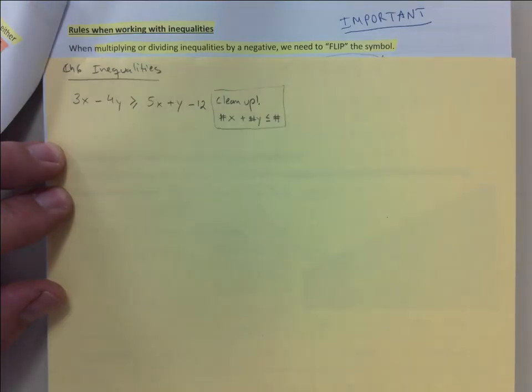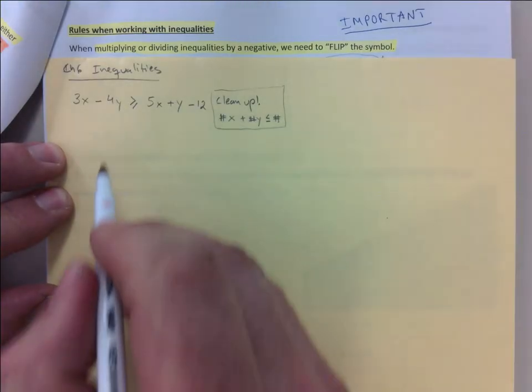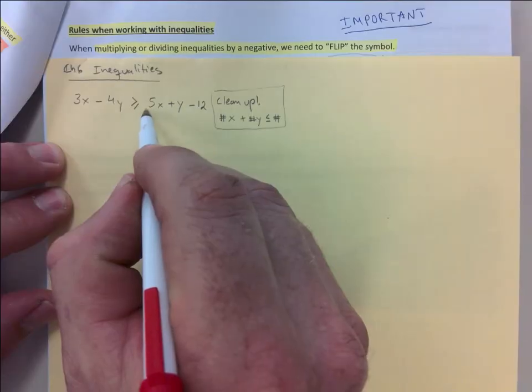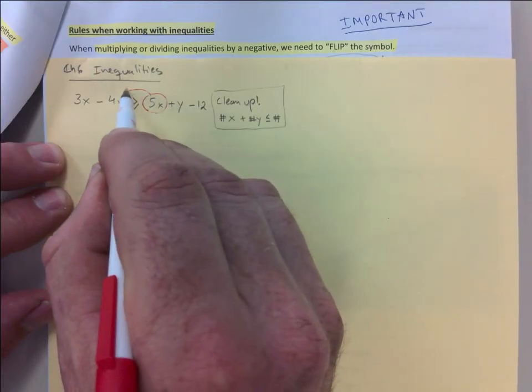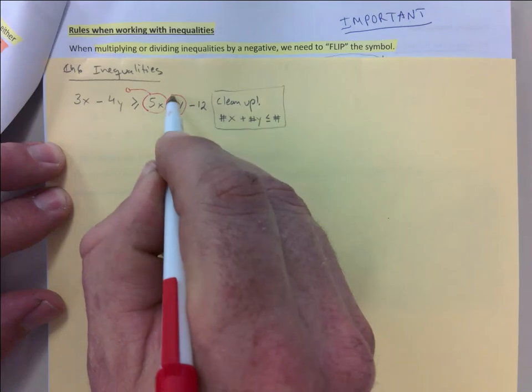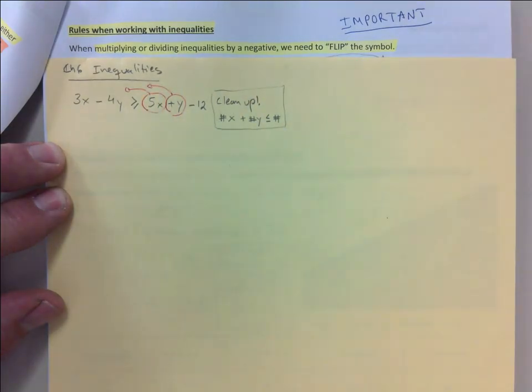Okay? So in this particular case, I'll bring the 5x over to this side, and I'll bring the y over to this side.